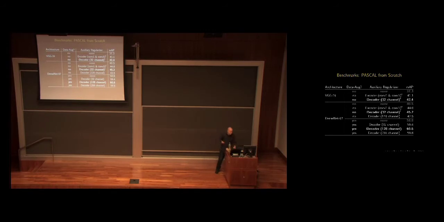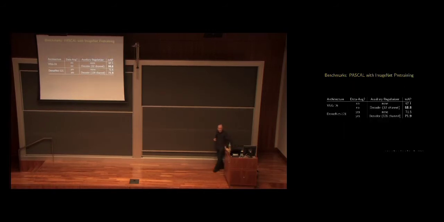It even improves performance in the case of extremely deep networks. There's a 121-layer DenseNet trained with ImageNet pre-training and data augmentation. We still get a performance boost. It's small, but it's still a boost from using the decoder as a regularizer during training.